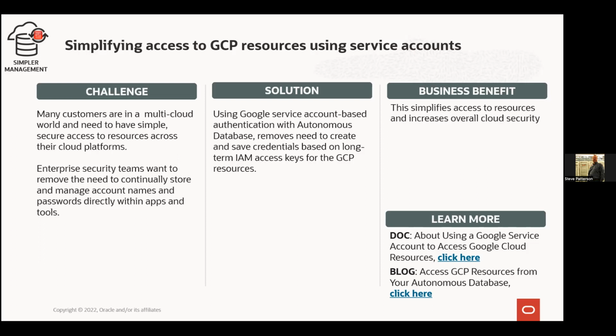So very similar to what we do with Azure, as well as what we do with Amazon, and of course what we do in IAM with OCI. Definitely look at it from a big picture of multi-cloud architectures, being able to use autonomous database in conjunction with other people's clouds.